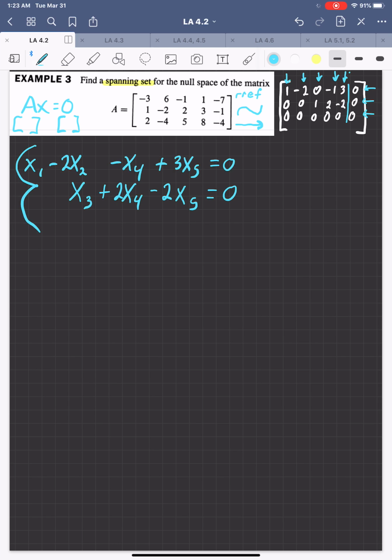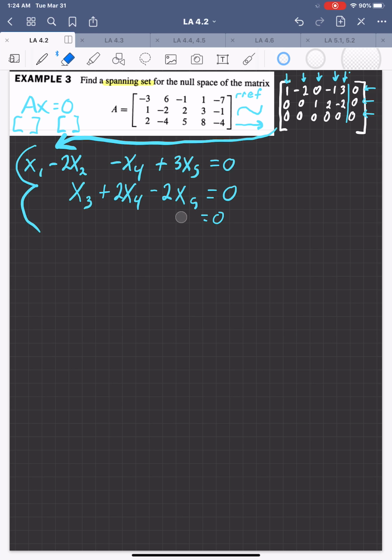You can always write 0 equals 0 if you like to set your system up this way. But at this stage, do you notice that we've gone from a row reduced matrix back to a system, so you can see more clearly what's going on here.